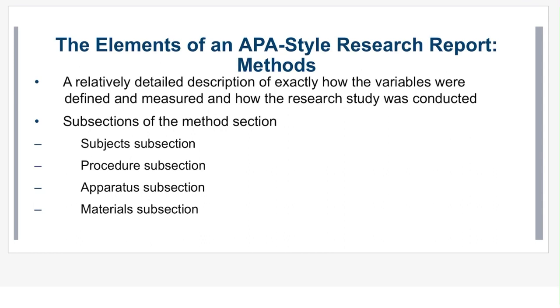And it could be even things like hair color, eye color. Again, it just depends on what you are studying and what variables you're looking at. But that section is all about the subjects or the participants. As much information as you can provide about them as possible.